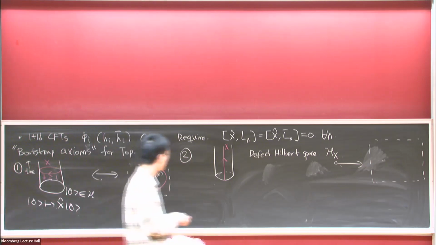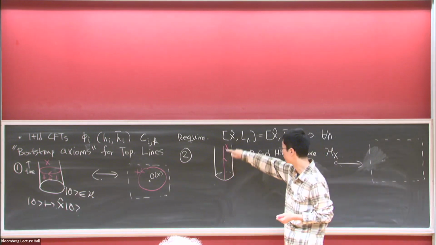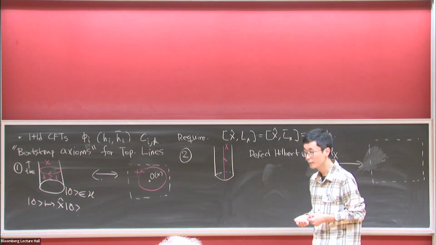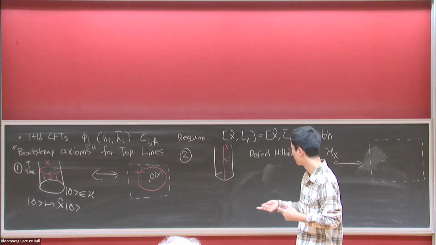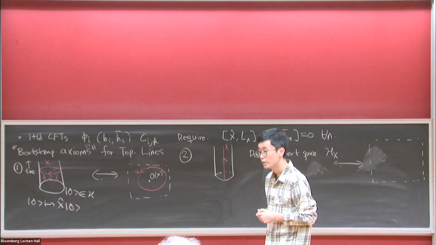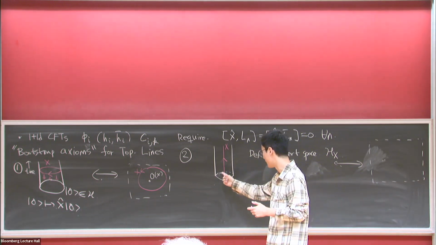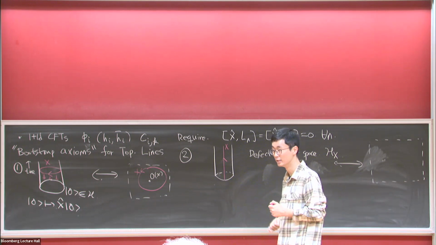Do you have a well-defined defect Hilbert space? Yeah, there are examples of non-invertible topological lines X where the Hilbert space is still unitary. And there can also be, even for invertible symmetries, examples where the Hilbert space doesn't satisfy unitarity.